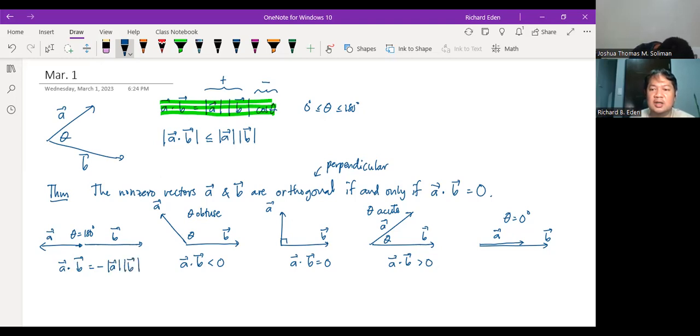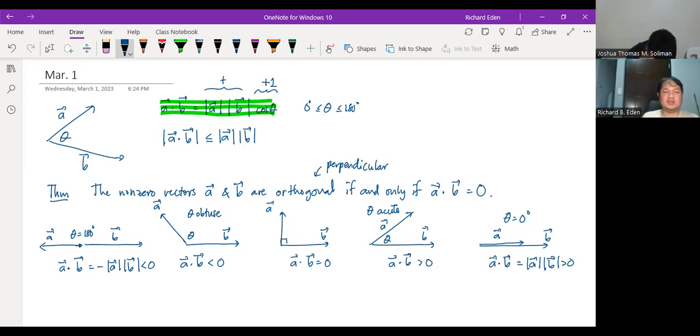And if theta is 0 degrees, cosine theta is equal to +1 exactly, so A dot B equals simply the product of the lengths of A and B. So positive still, and here negative still.